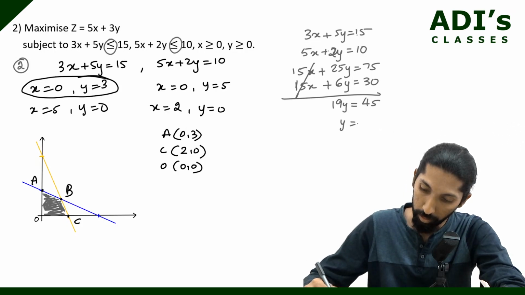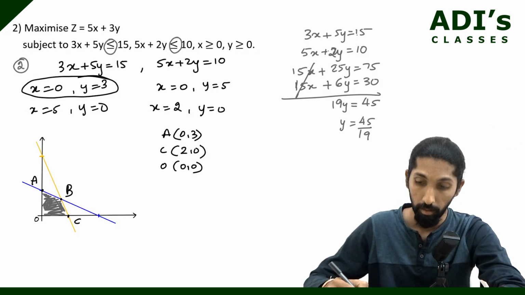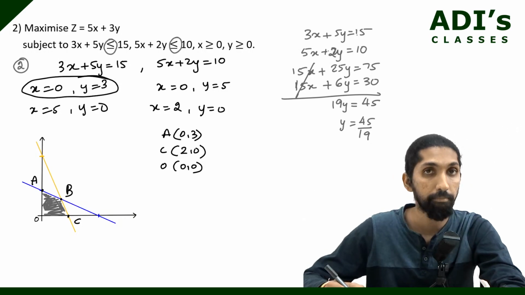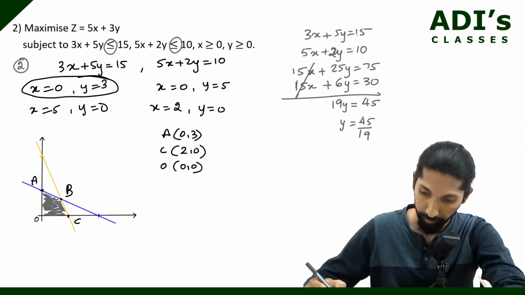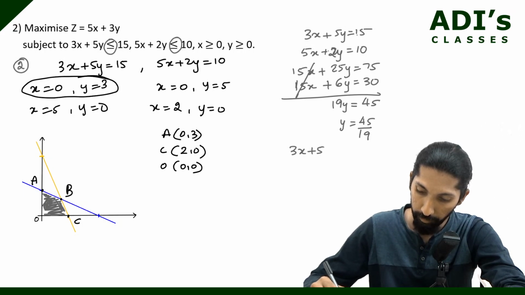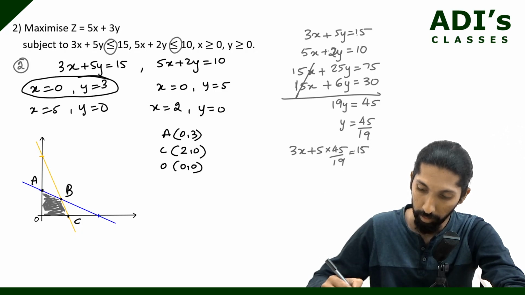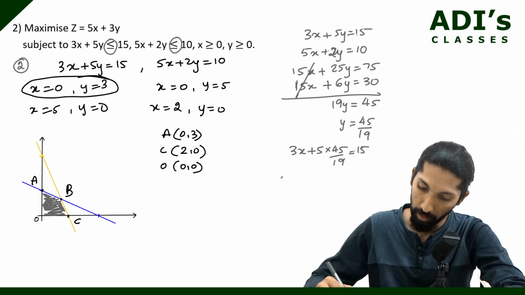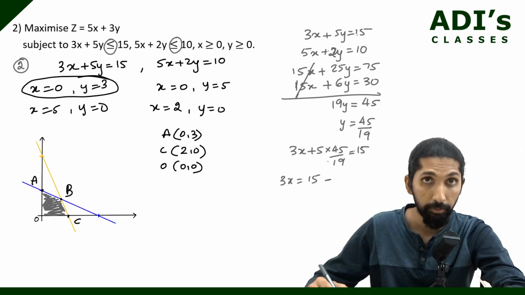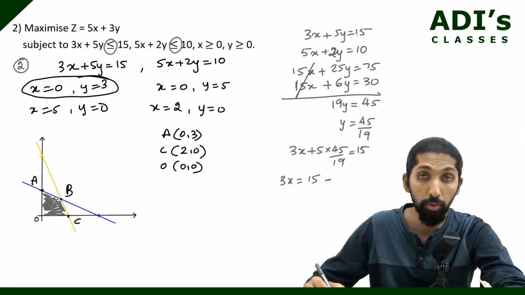So y is equal to 45 divided by 19. Now we are going to keep the same thing and put it back in the equation to get the value of x, right? So you have 3x plus 5 into 45 by 19 is equal to 15. So 3x is 15 minus, see, 5 into 45. 45 into 5 is going to give you 225.